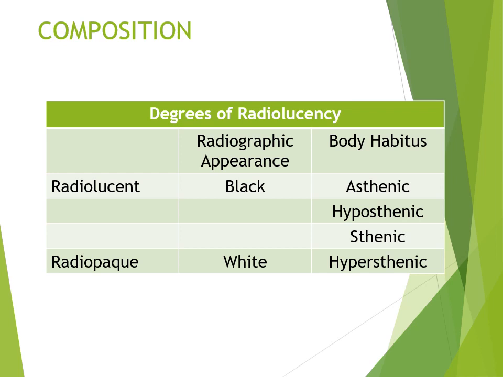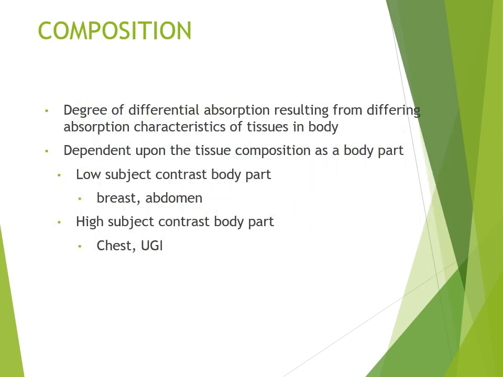In terms of radiolucent versus radiopaque, the radiographic appearance for the asthenic patient would be radiolucent, which is black, and then the hypersthenic would be white, which is radiopaque, in terms of degrees of radiolucency.